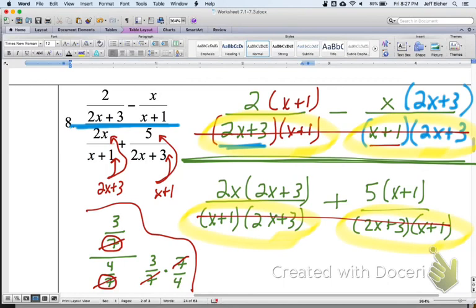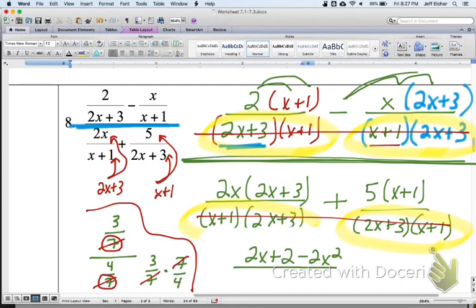of both fractions. So we would have, I get rid of a little bit of this right here. We would have 2x plus 2 minus x times 2x is minus 2x squared, minus x times 3 is minus 3x.